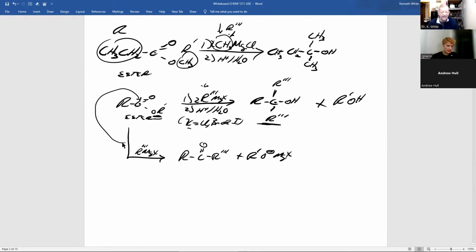Now, this is a ketone, and the second Grignard, and second step acid and water, will attack the carbonyl carbon and put on the second R triple prime. Now, when you add the acid and water, this is an alkoxide, which is a base, and acid and water will convert it into this alcohol.